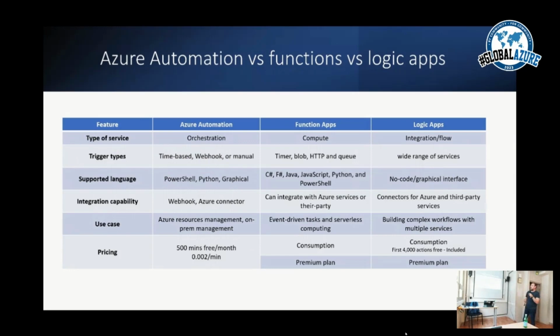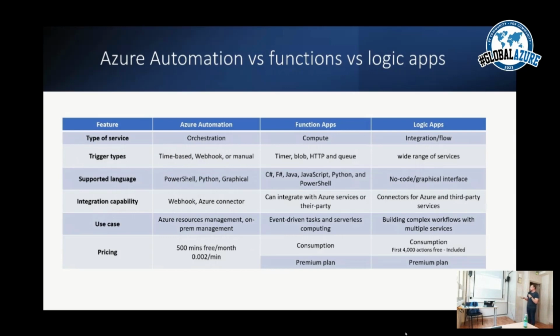For Logic Apps, as I've said, since you have connections with different services and third parties, you can create different triggers, and it's really good to use. The supported languages: PowerShell, Python, and graphical in Automation, and a lot of languages in Function Apps. Also in Logic Apps, no code, as I've said.